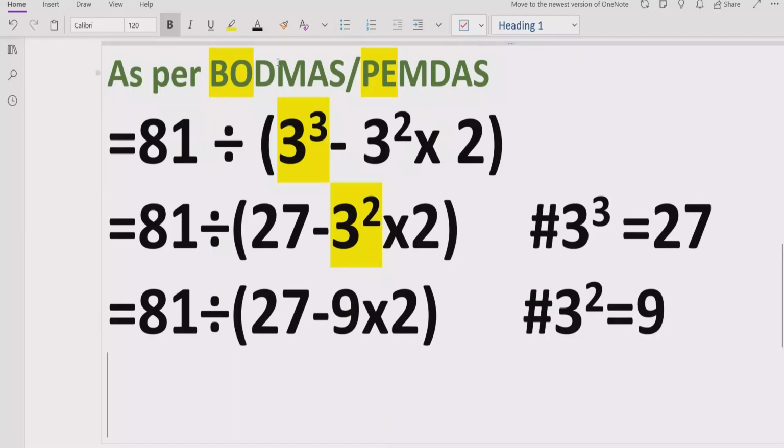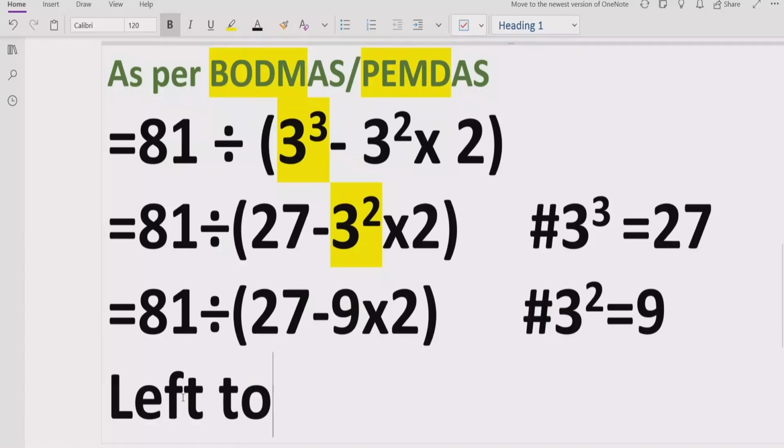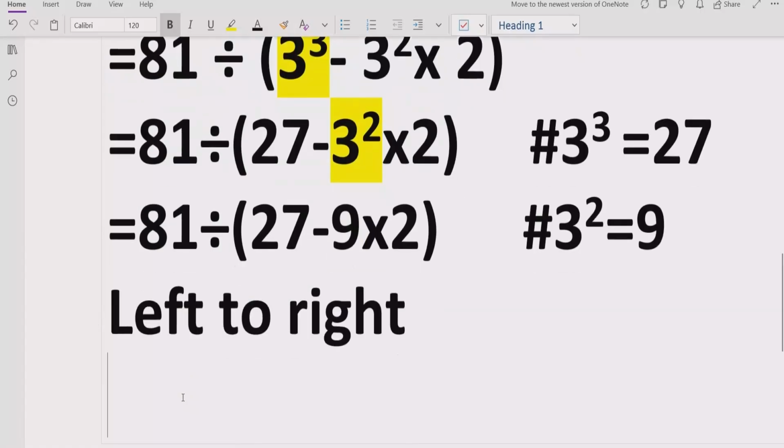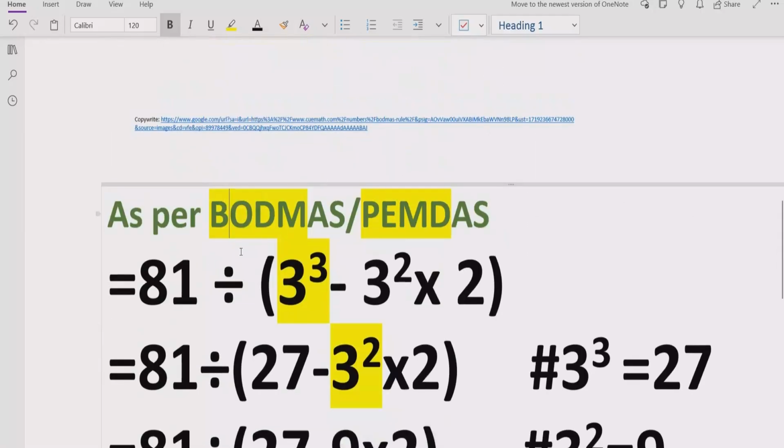Now we have to solve the division and multiplication, or you can say the multiplication and division. According to the rule, we have to solve the division and multiplication. You will say we have this division sign first, so we have to solve this one first. But we cannot solve this part first because we have this bracket. According to the rule, first of all, we have to solve the bracket.